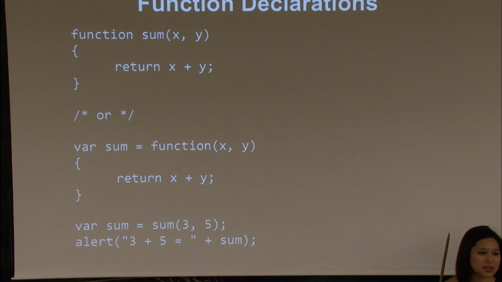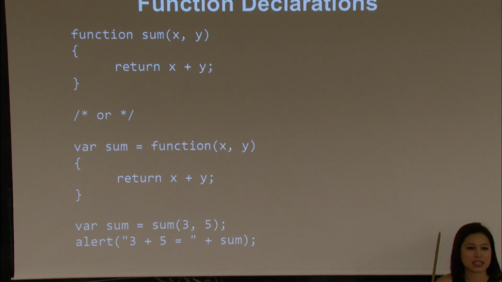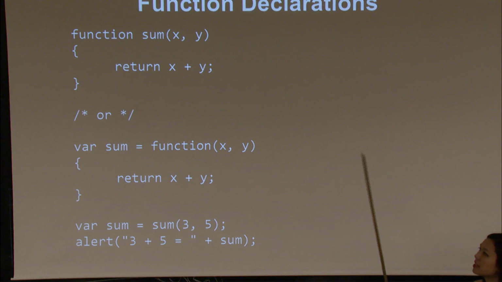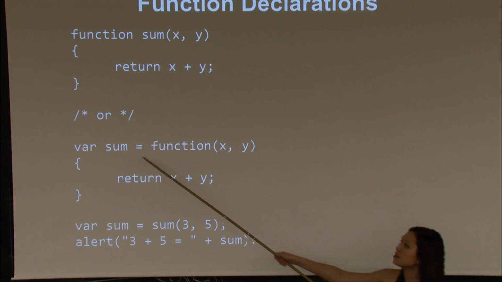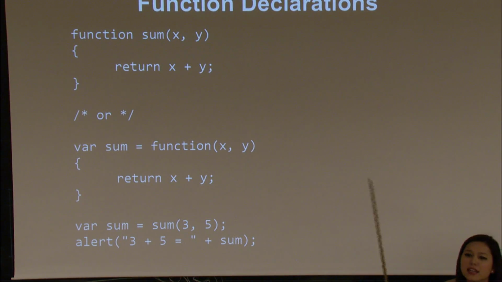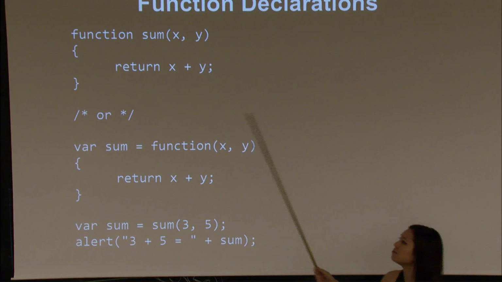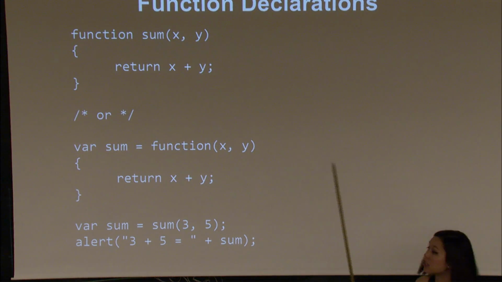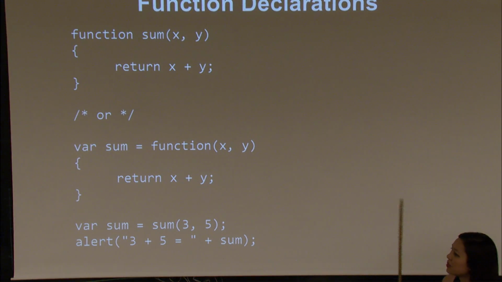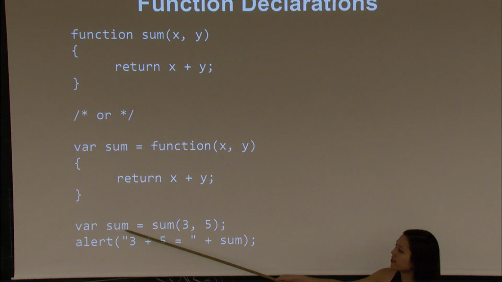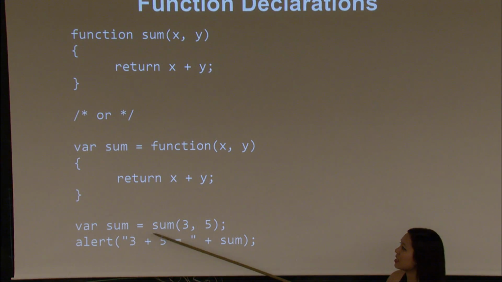Basically that means we don't need to name our function in this case. We can just say, okay, I'm going to have this function that executes. Here are its inputs, and here's what it's going to do. Especially when you're assigning a function to some variable that you're going to manipulate, you don't necessarily need to name it, because you're going to be referring to it by the variable name, not by whatever the function was actually called.